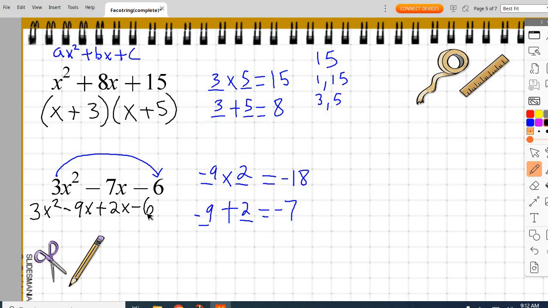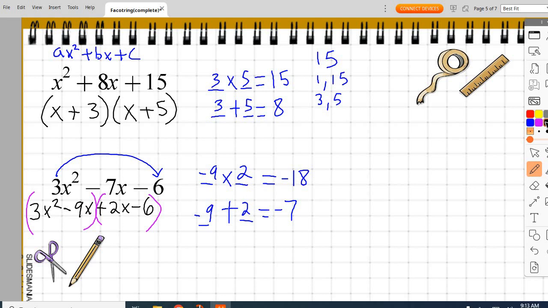Okay. Then we're going to factor by grouping. If we don't remember that, I'm going to take my first two and group them together, and my second two and group them together. And then we're treating each group as its own thing. We're going to factor out the GCF from our first group. So what is the greatest common factor of our first two?